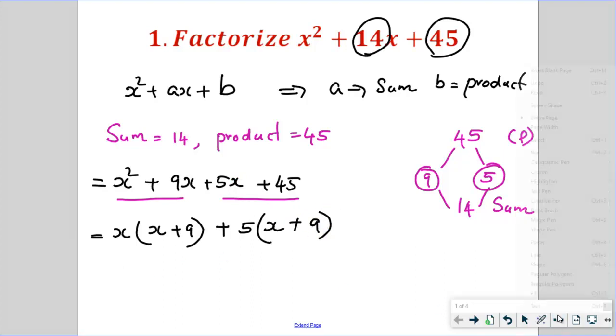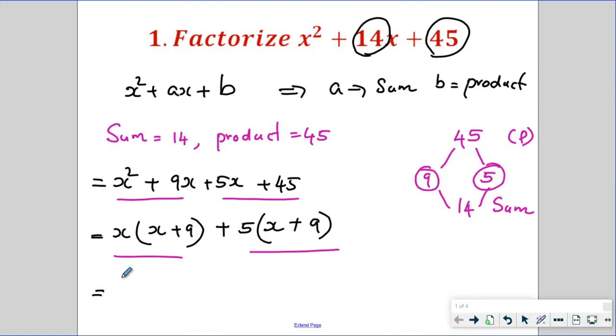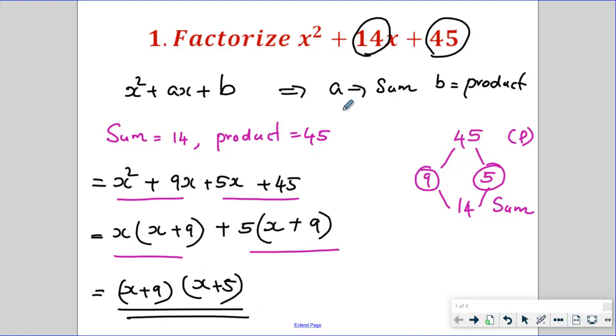Now again here there are two terms. In both terms x plus 9 is common, so you can take x plus 9. Then the remaining is first term x, second term is 5. So we can say that x plus 9 and x plus 5 are the factors of the given polynomial x square plus 14x plus 45.